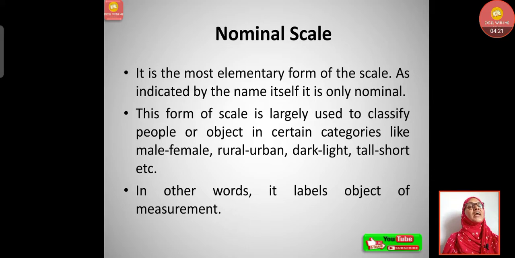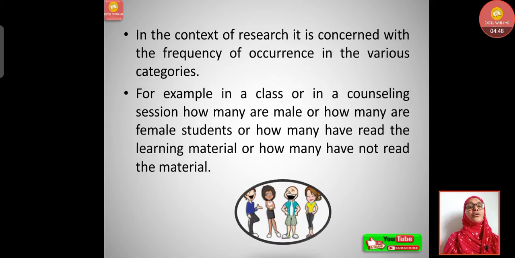This form of scale is largely used to classify people or objects in certain categories like male or female, rural or urban, dark or light, tall or short, etc. In other words, it labels the object of measurement. So, nominal itself tells us into certain categories, male or female, rural, urban, girl, boy, like that.